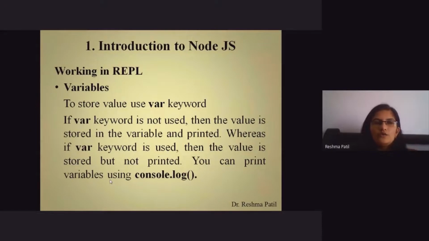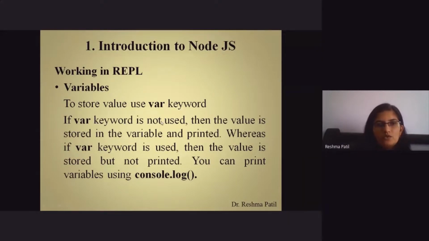Then now we have to use variables. Directly we can use a plus b, that is also possible. But for creating a variable here we can use the var keyword. To store a value, use the var keyword. I'm talking here about undefined. We have got the result of undefined after showing the output to the user. So this line will tell you why undefined is coming there.